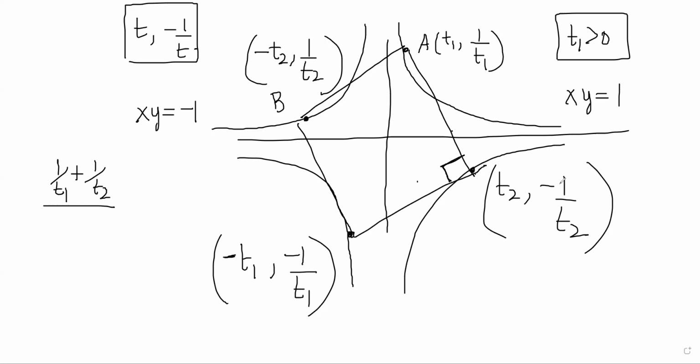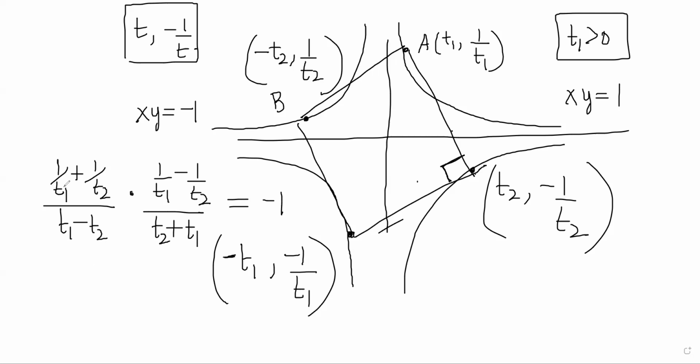This is the slope of this line, and the slope of this line would be minus 1 by t2 minus 1 by t1 divided by t2 plus t1, right? So this product of slopes should be equal to minus 1 for the lines to be perpendicular.